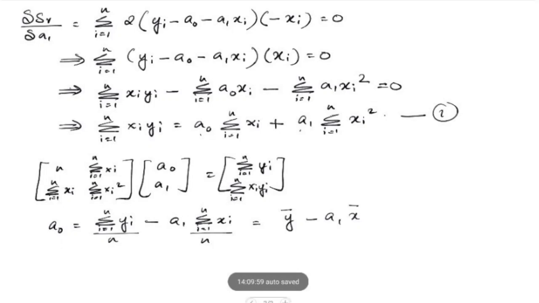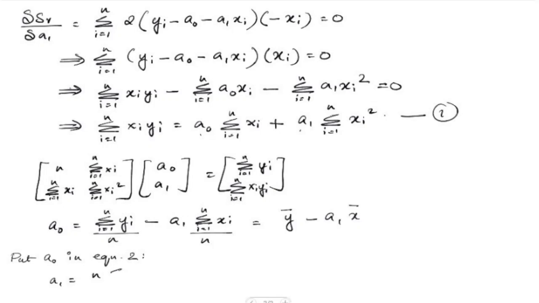So that's how we'll find a0 later on. And now if we put the value of a0 into equation 2, this will give you how to find a1.